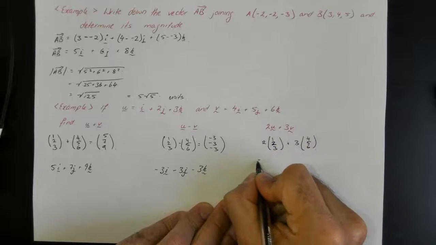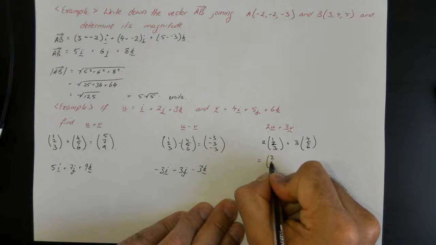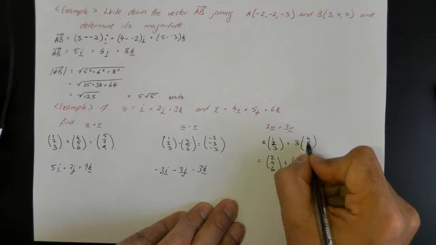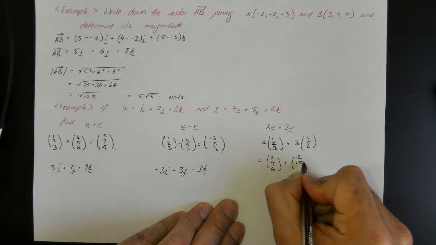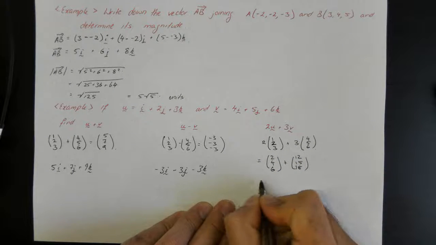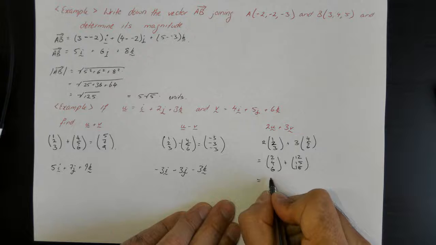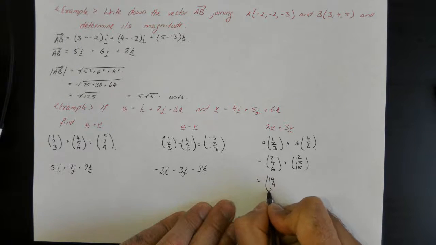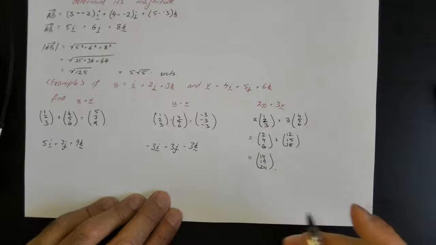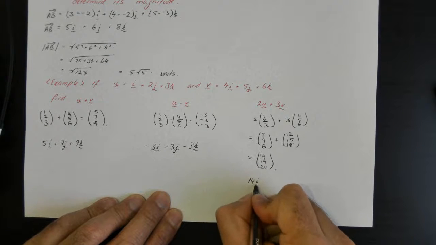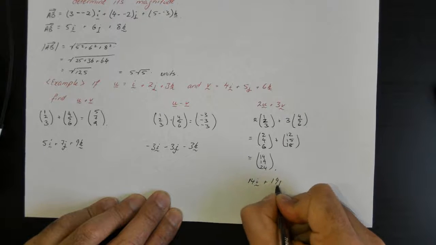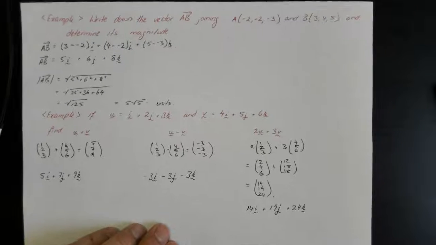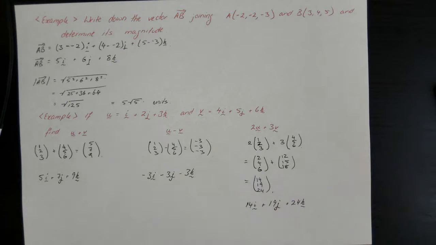That's the same as multiplying each term by 2 and multiplying each term by 3 and then adding each component. So we get 14i plus 19j plus 24k. Okay, and that's it. Good luck.